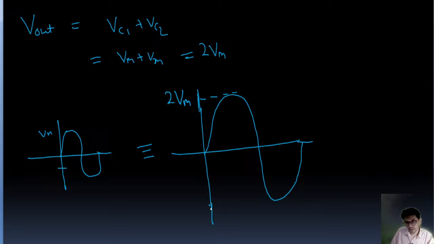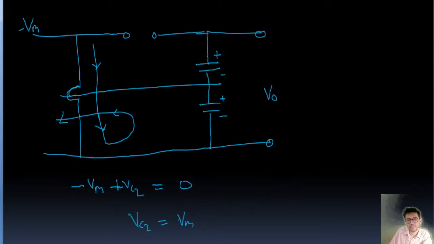And this is minus 2Vm. Okay, so this is doubled, right? So this is the voltage multiplier. So the output voltage is doubled. Okay, very good question, guys. This one, especially here, you need to understand how you are going to use the loop equation. Okay, so this is like this and then this.